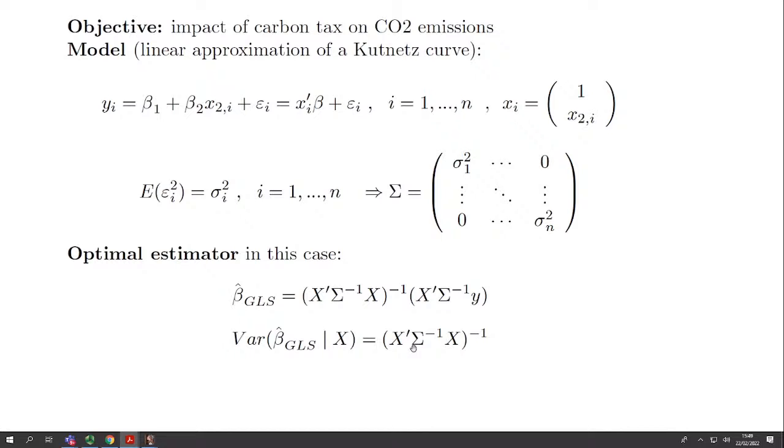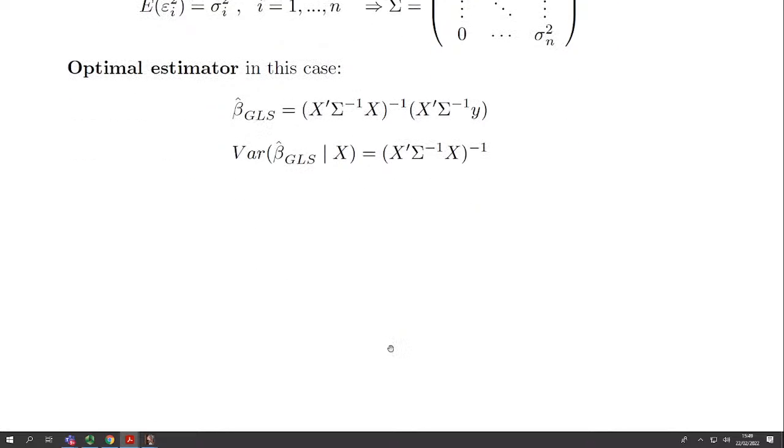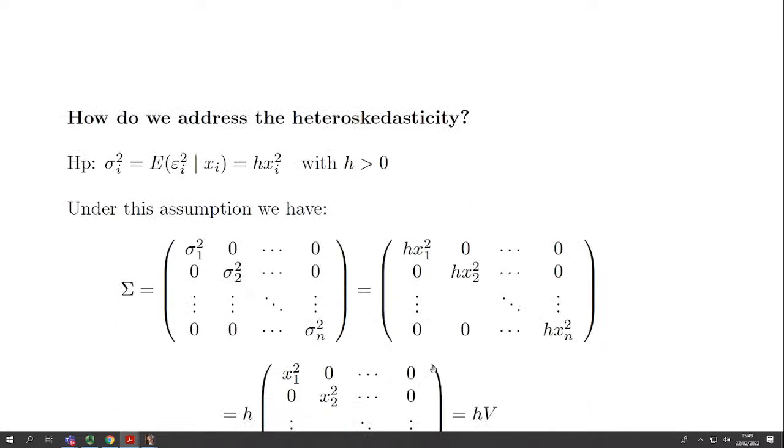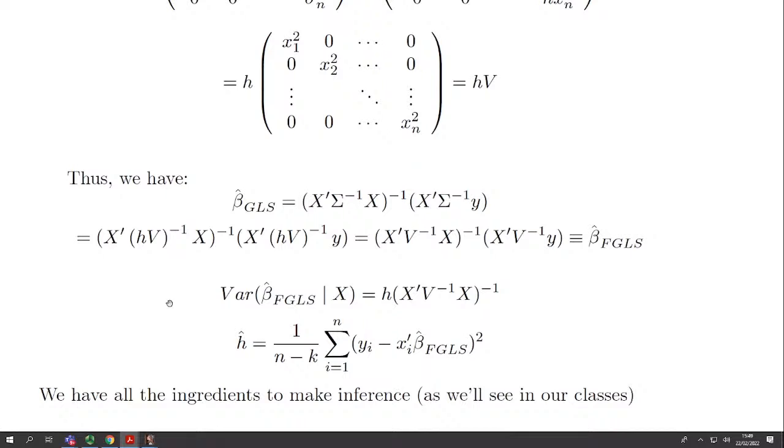So next I replace the big sigma here with the expression with the small h and capital V, and I get an expression for the variance-covariance matrix of the feasible GLS estimator, which will be the scalar h times the following stuff here. You will ask, why is it not 1 over h? Please remember that you have an inverse, so it will be h.